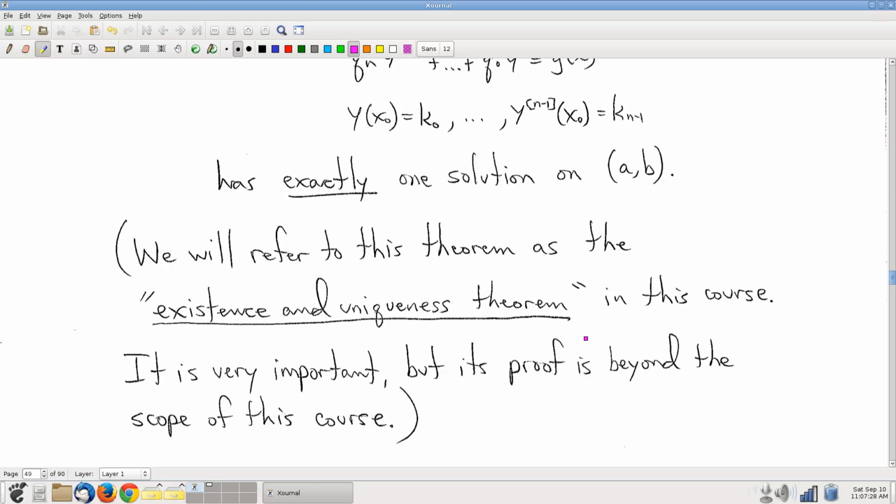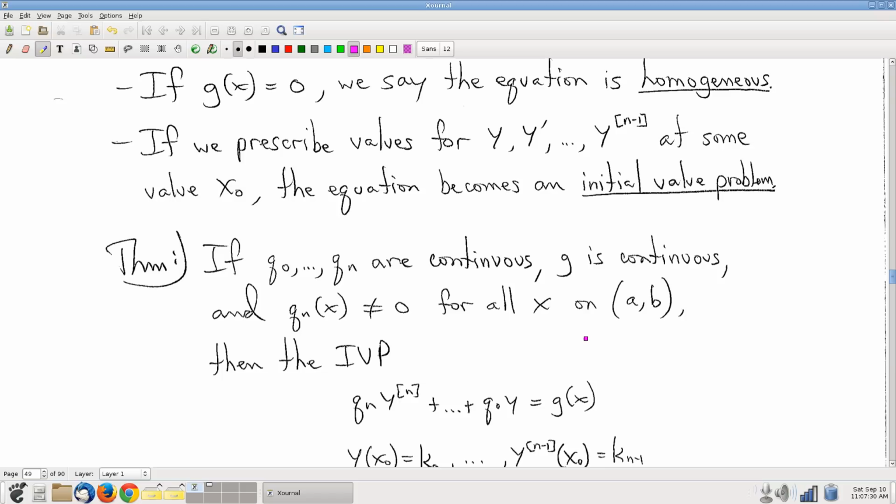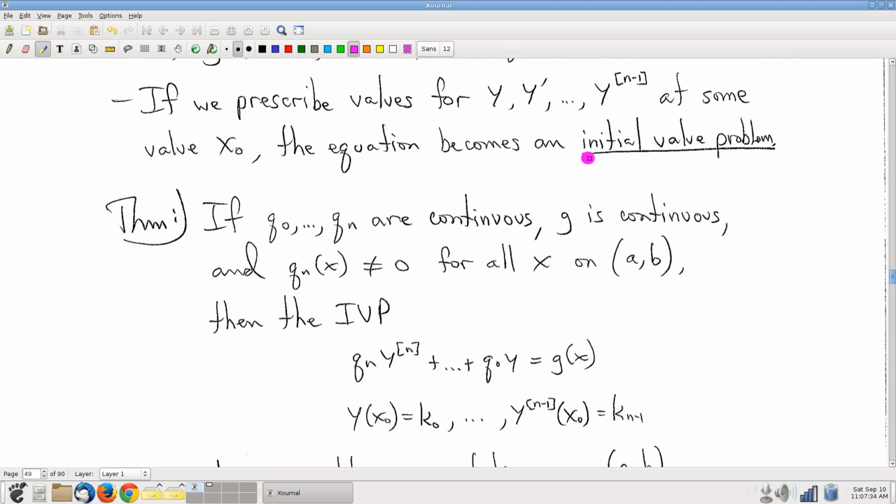Okay, so very quickly now I want to go back and finish a thought. We were talking about this terminology, initial value problems, and in particular we were talking about these numbers being initial conditions. And the question comes up, well, why do we have to prescribe values for not just y? Why do we have to prescribe values for y and y prime and all these other things?